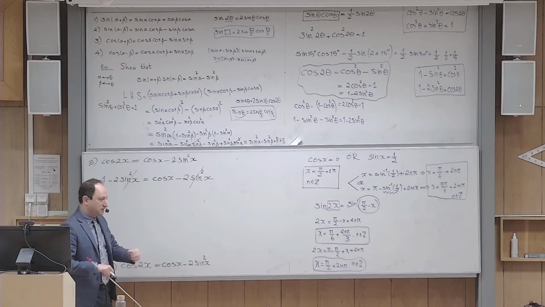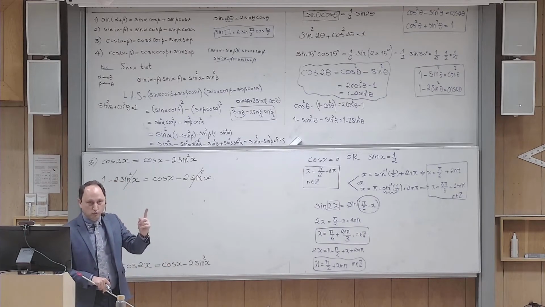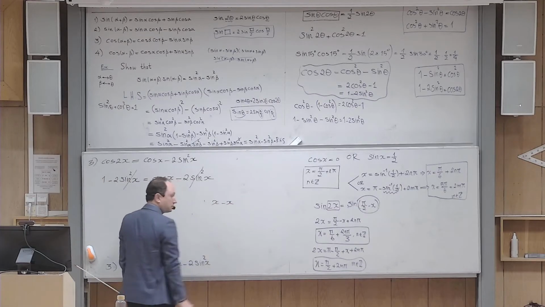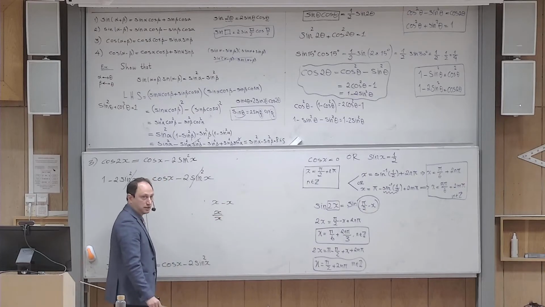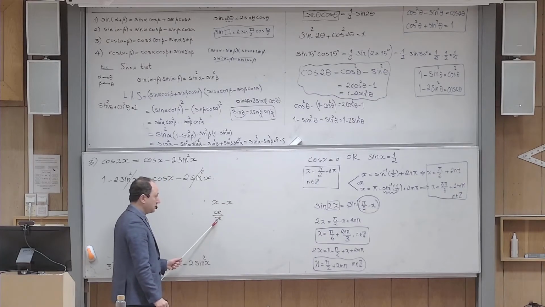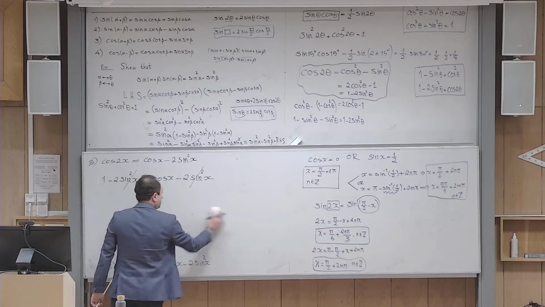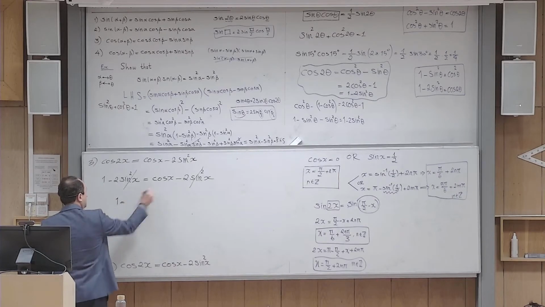The cancellation that gives rise to 0, the cancellation that gives rise to 1. The cancellation that gives rise to 0 is of this nature. The cancellation that gives rise to 1 is of this nature. This is important, that this denominator shouldn't be 0. I don't care here. So what happens is that this is 1 now, and then cosine x.